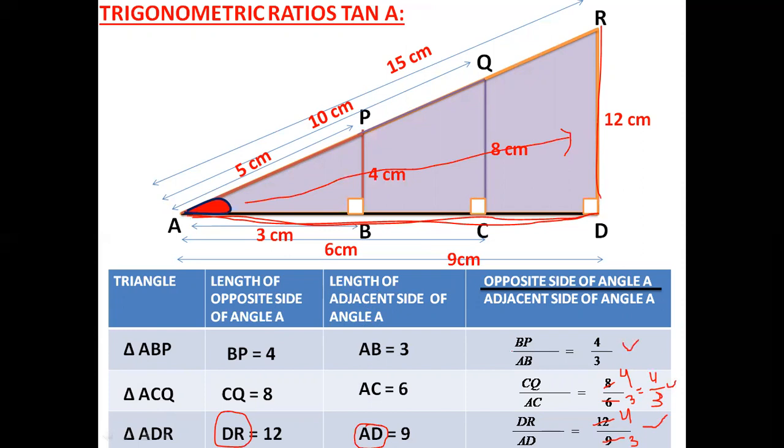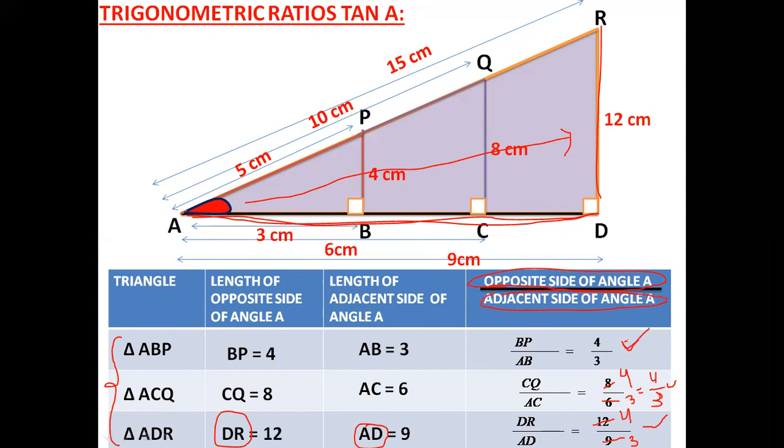That means these three ratios are equal. So in these similar right angle triangles, the ratio of opposite side of angle A and adjacent side of angle A is always fixed. We get some constant, here 4 by 3.